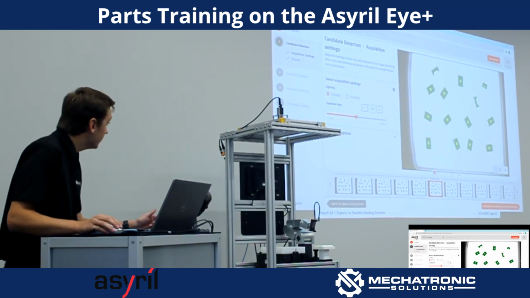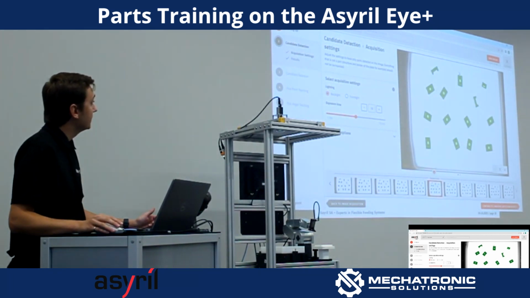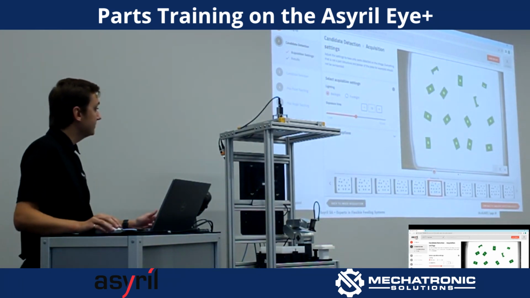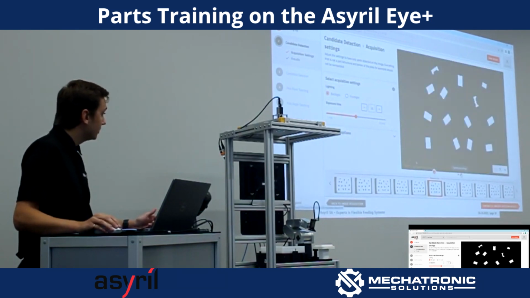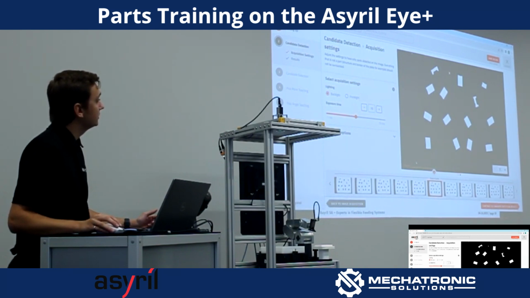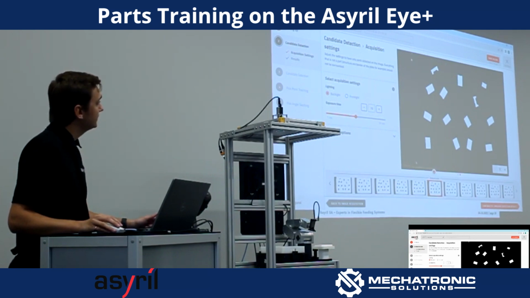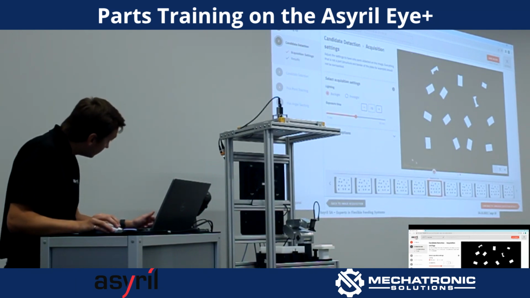And so we can look at this view here, and all of the parts that Eye Plus has detected are in green. And if we look here at the segmentation view, we can take a look at the black and white image that the vision system will use. And we can see some noise up here, some noise down here.